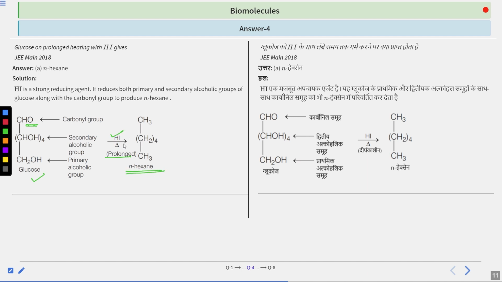So what will HI do? HI acts as a strong reducing agent, and it will reduce the carbonyl group and the secondary and primary alcoholic groups and give us n-hexane. That is why we have our correct option as option A, that is n-hexane.